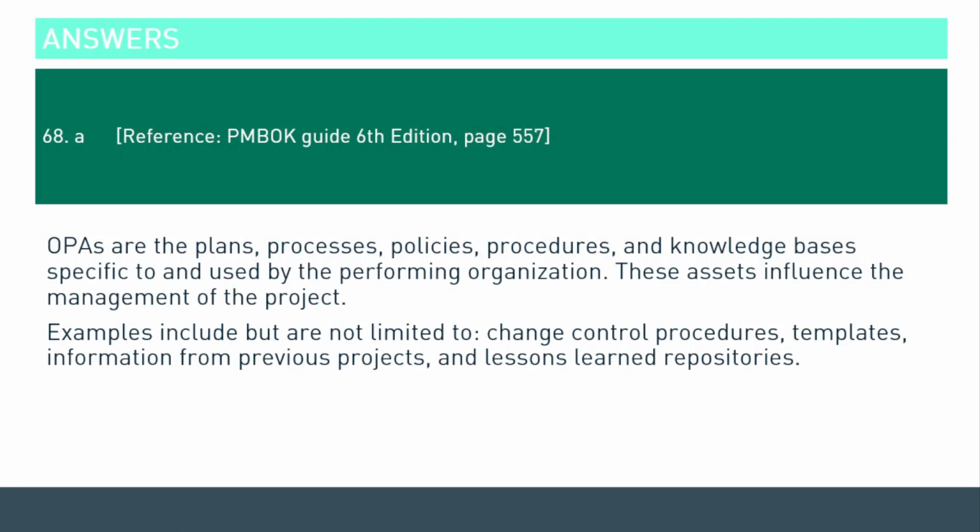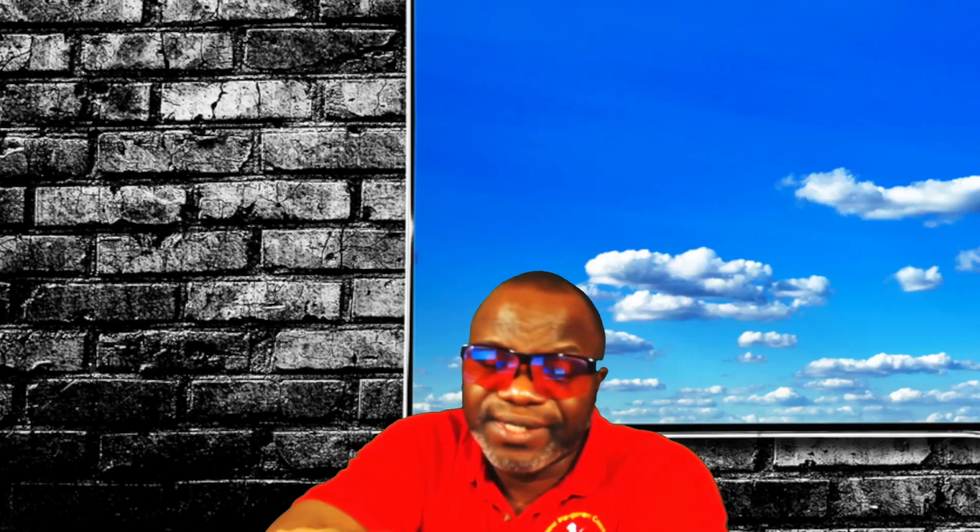All right, so the more you understand what these templates, tools, and other documents from the past are, the better. I do not expect the exact language to be used on your exam, the exact language that says OPAs, EEFs. You probably won't find that. But just understanding the relevance of these organizational process assets is important.